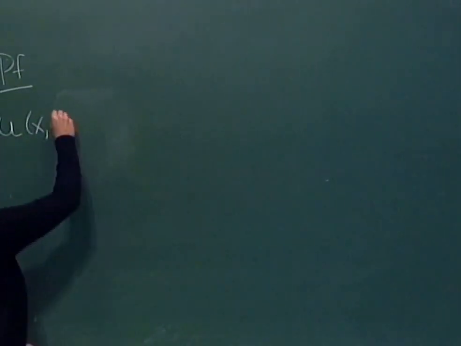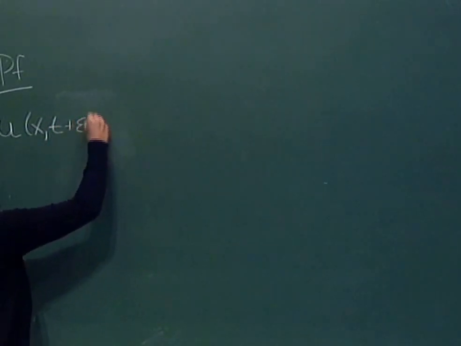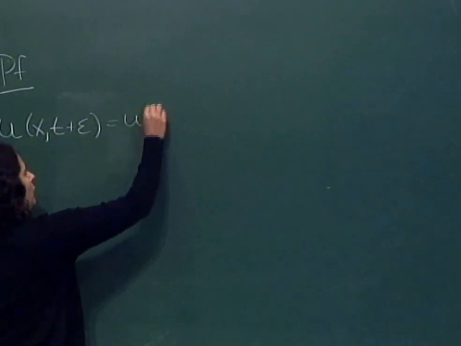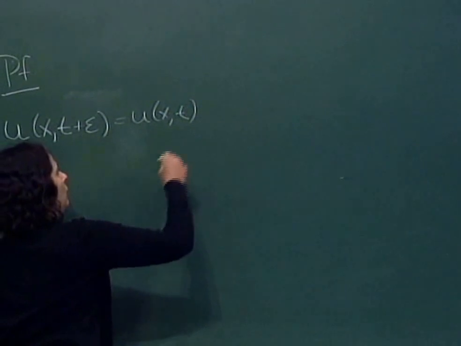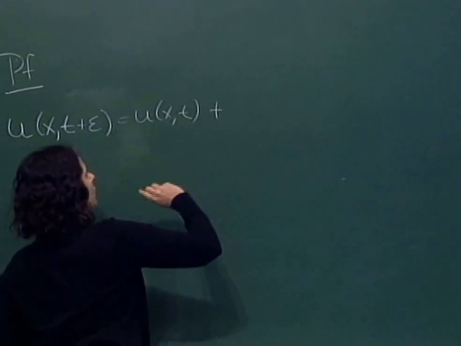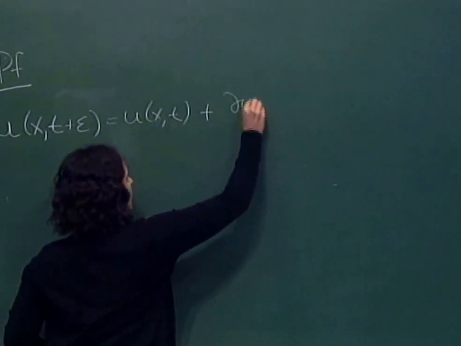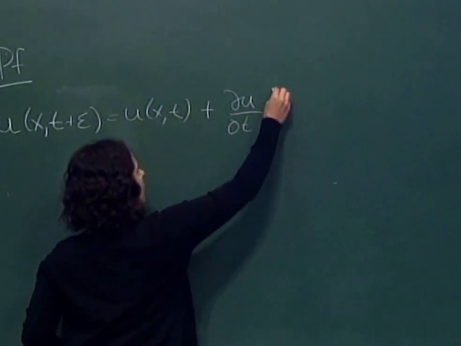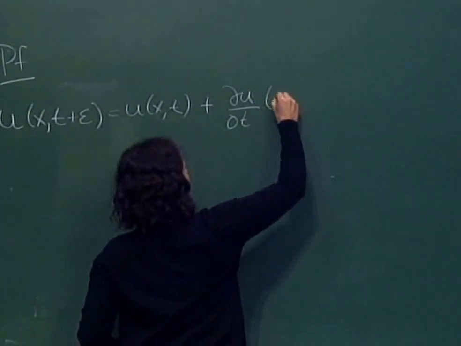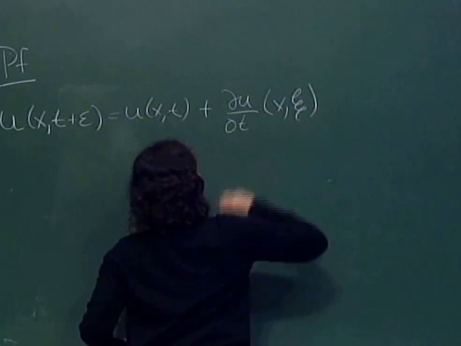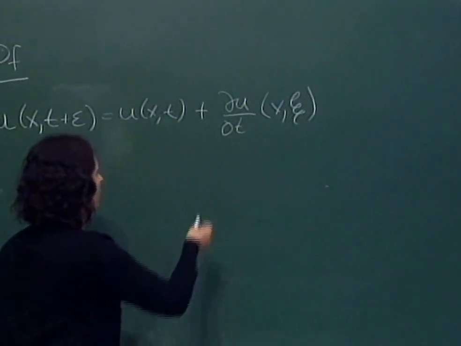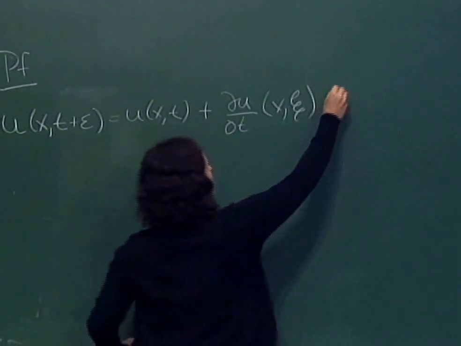You can write u of x, t plus epsilon as u of x, t plus du dt at some x, c, times epsilon.